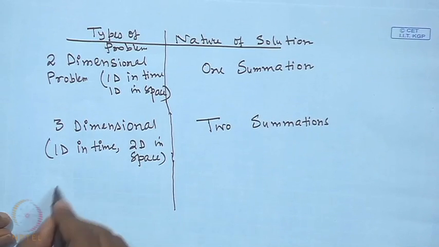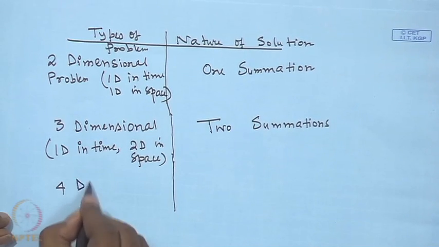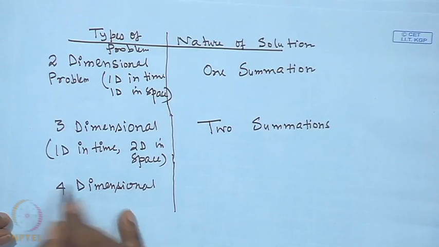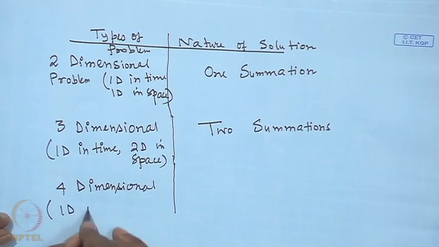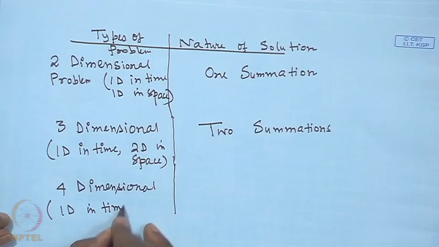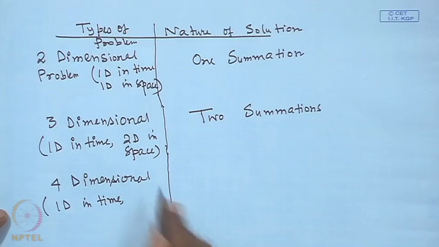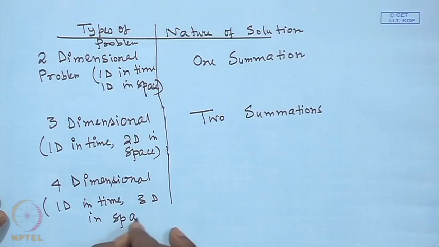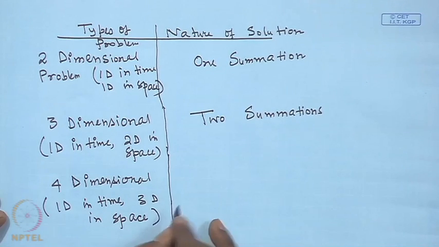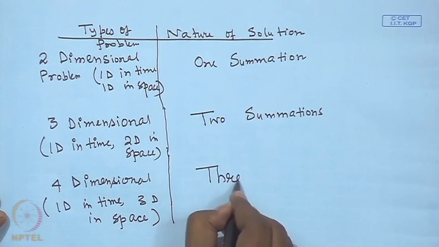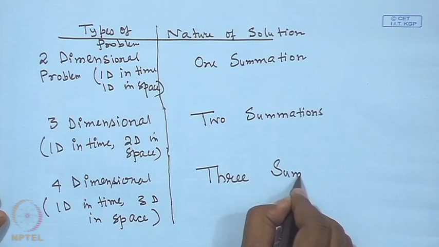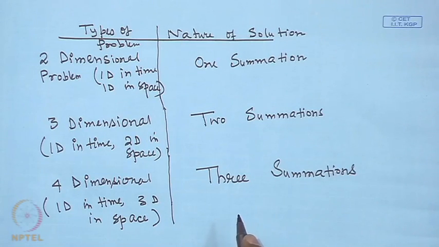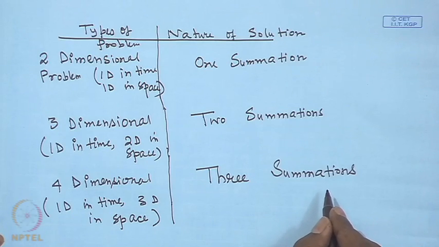If you have a 4-dimensional problem, one dimensional in time and 3-dimensional in space, then you have 3 summations appearing in the solution.